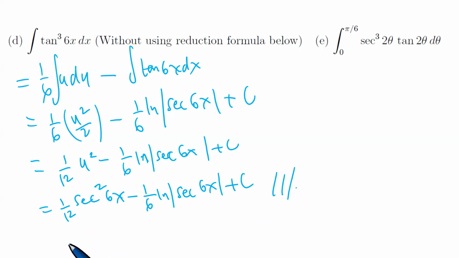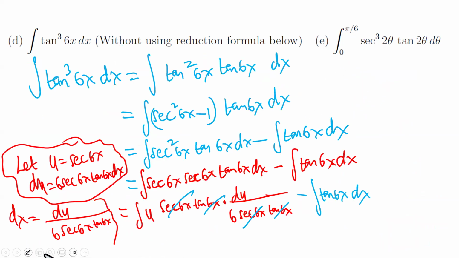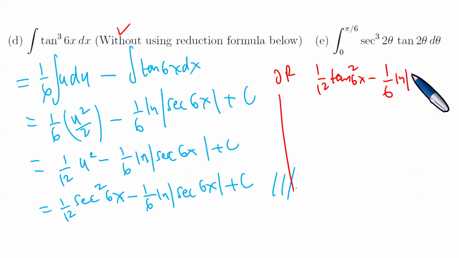Okay, so this is the answer we got, obviously without using the reduction formula. Or the other answer, what is the other answer? Check. Is this one 1/12 tan squared of 6x minus 1/6 the ln of the secant of 6x plus c?